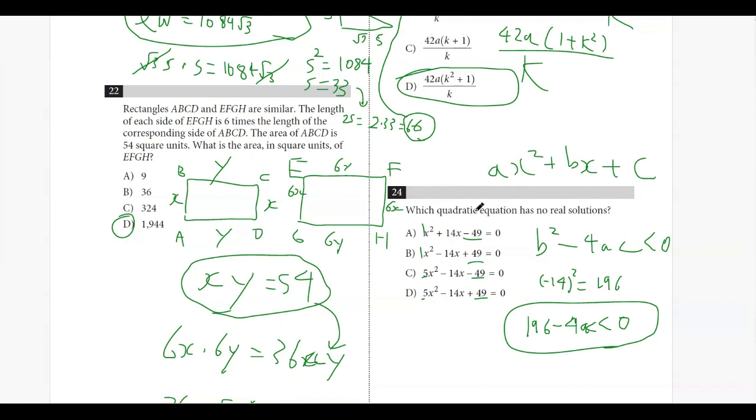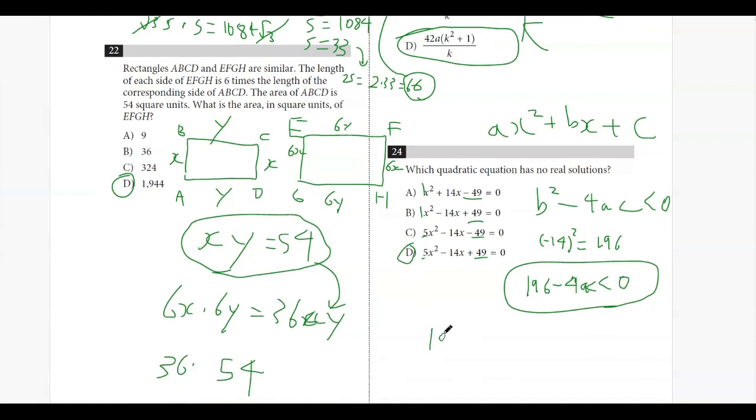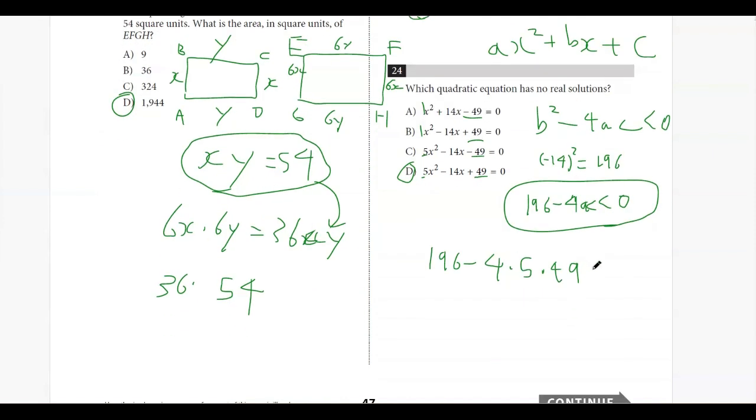I'll let you do that using your calculator, and answer choice D is correct because if I do 196 minus 4 times 5 times 49, this is equal to 196 minus 980, and this value is way below zero. So D is correct.